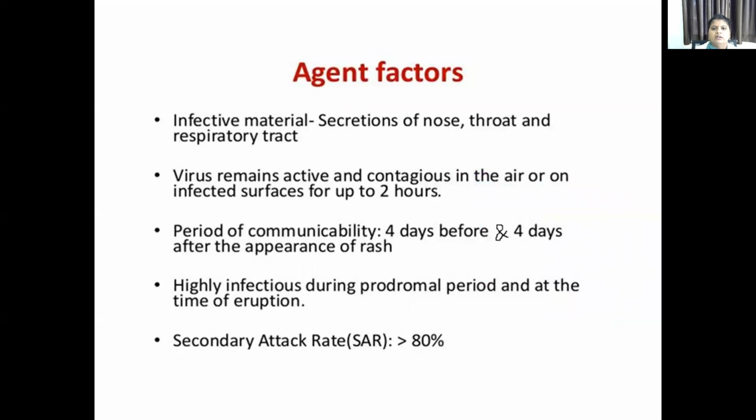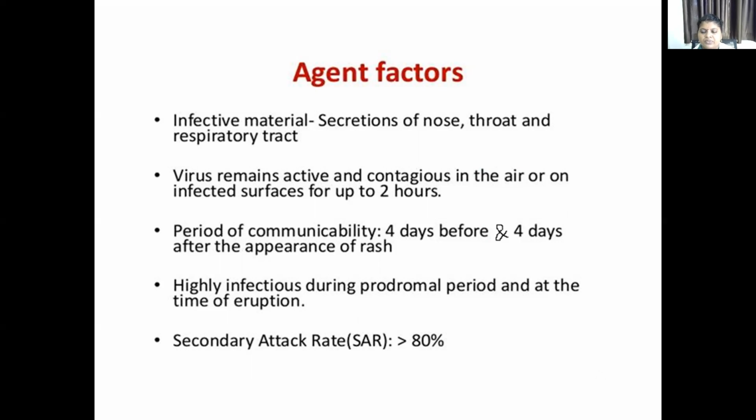What are the factors that are responsible for transmission? For transmission of this measles: secretions of the nose, throat, and respiratory tract secretions, aerosols, direct contact, contaminated surfaces, fomites.